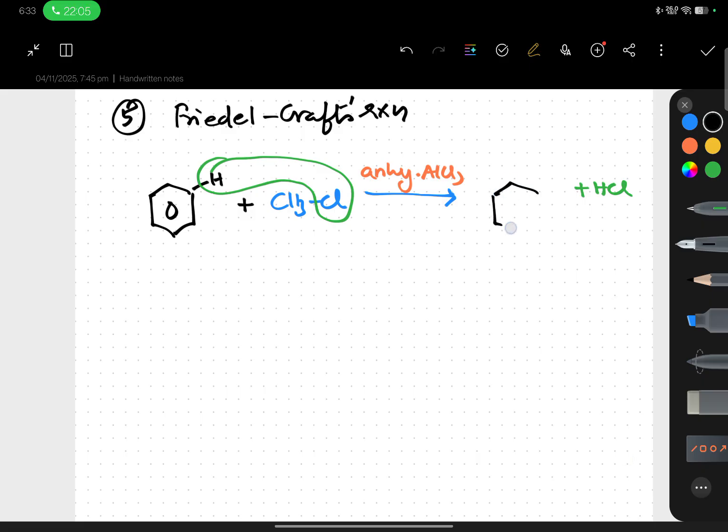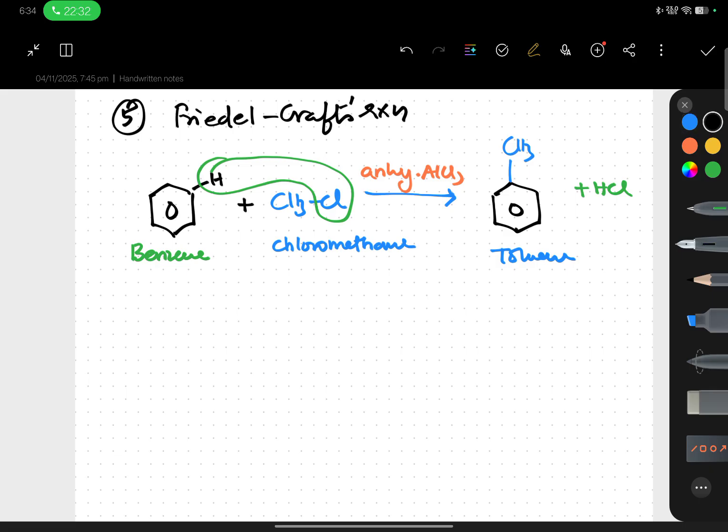Thereby you get benzene ring with a methyl attached to it. So what is this molecule called? Benzene. This is chloromethane. This is toluene.